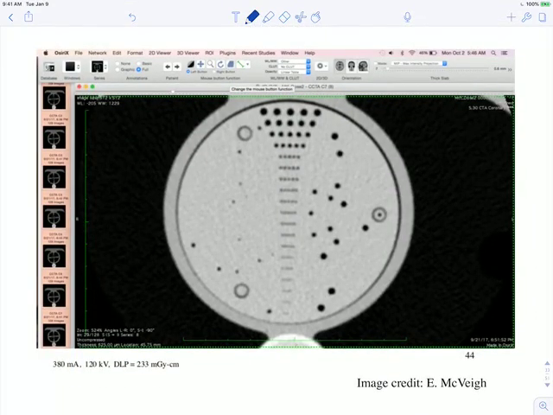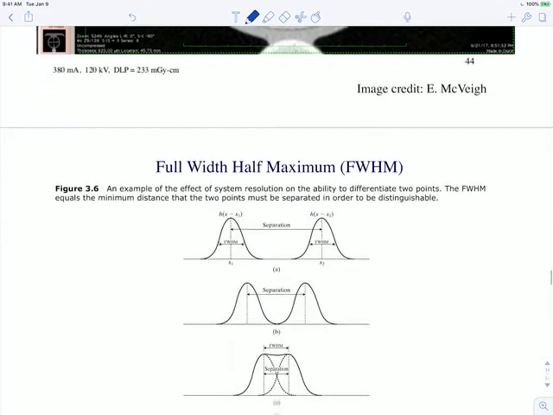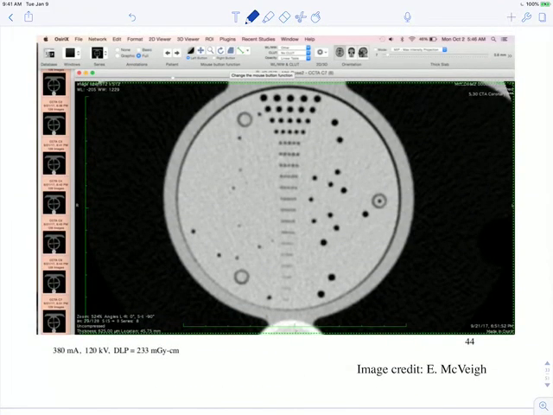For example here, we have a lot of little points. The idea is how much do each of these little points get spread out? As we make these dots smaller and smaller and put them closer and closer together, it's going to be much harder to tell them apart. And that's defining what our resolution is.